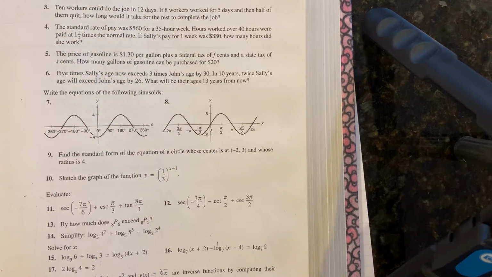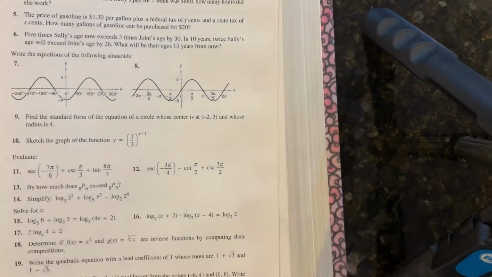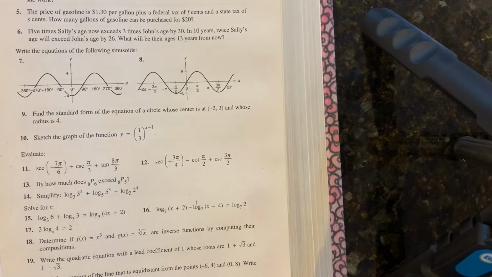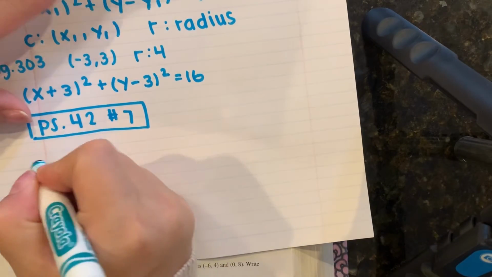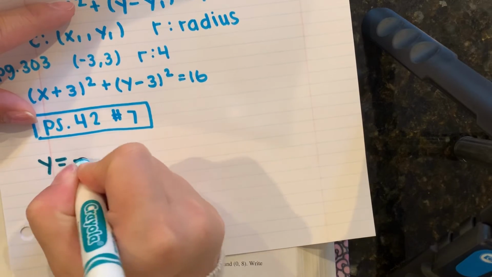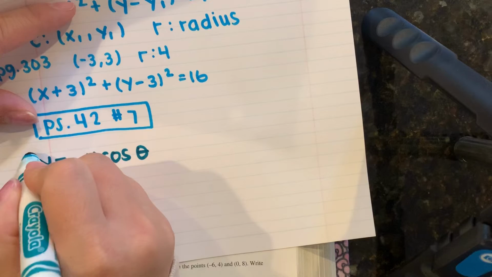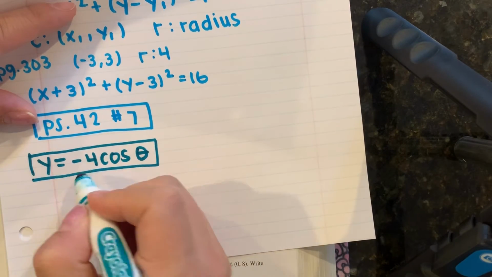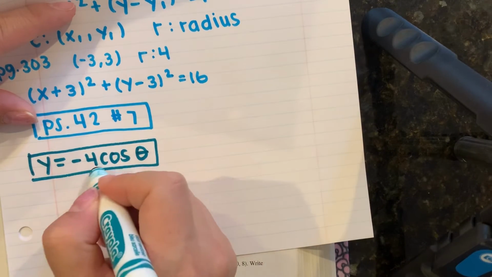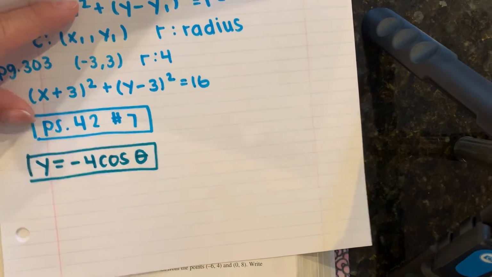That means that my amplitude is going to be 4. So my answer to number 7 is going to be y is equal to -4 cosine of theta. So it's a negative cosine curve, and then my amplitude right here is 4.